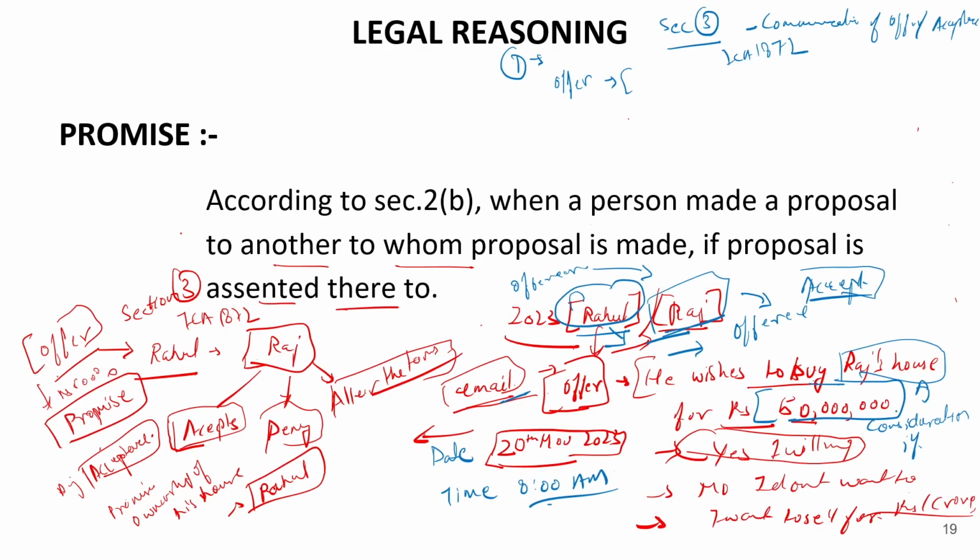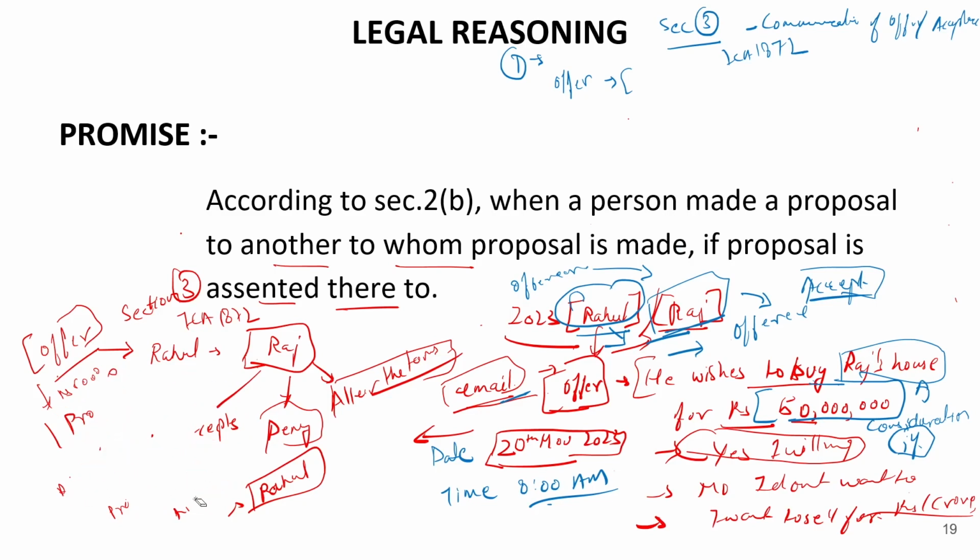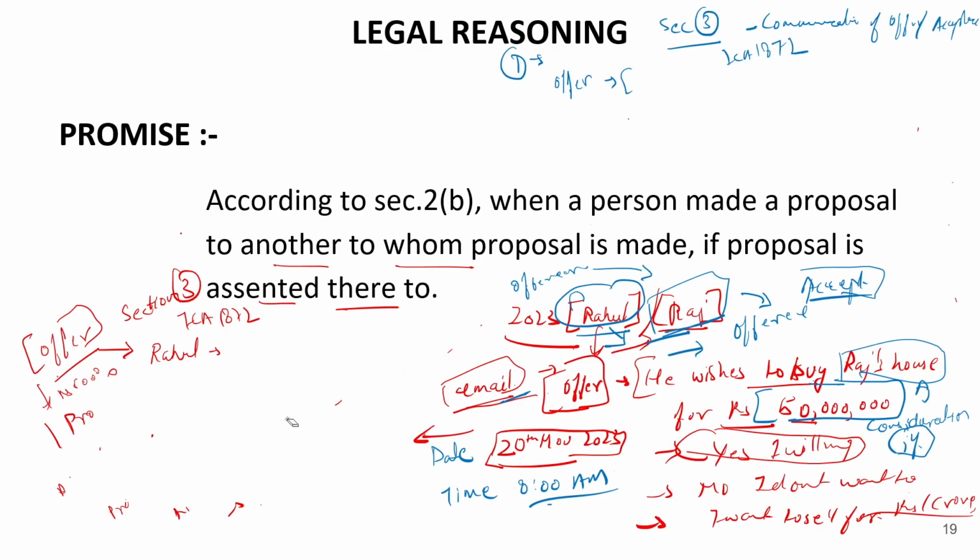So what is he doing? What is Raj doing? Let me raise it for you to better understand. So what exactly is Rahul doing here? Rahul is showing his willingness to do something.